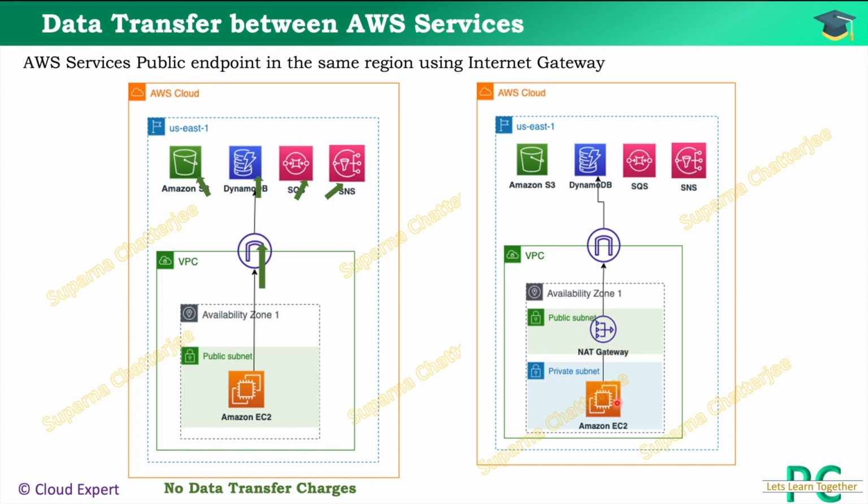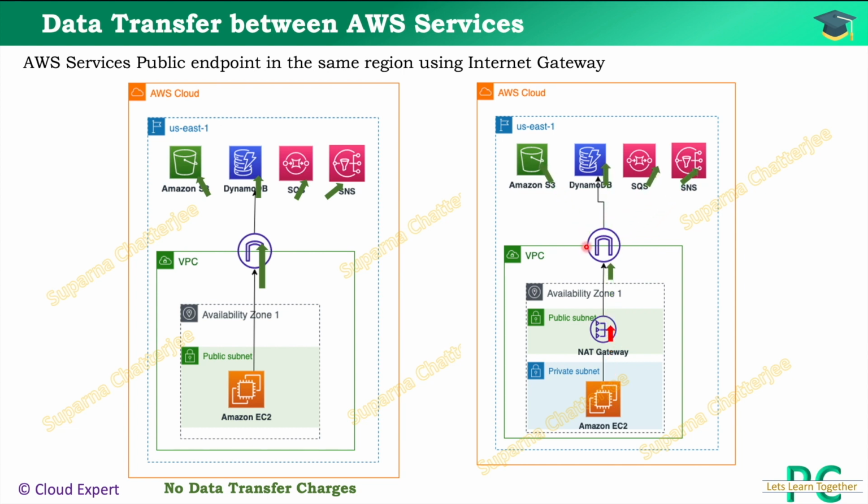In this use case, you are communicating with Amazon S3, Amazon DynamoDB, SQS or SNS using a NAT gateway. Now let's understand how the charges will be. As you know, for the data between the EC2 instance and NAT, you have to pay the NAT charges or the NAT device charges.